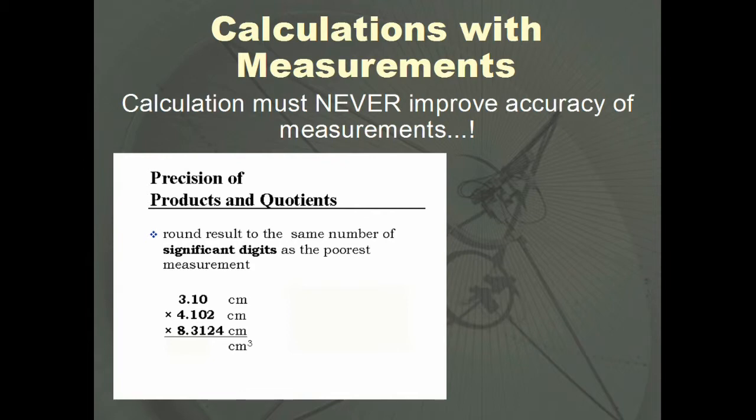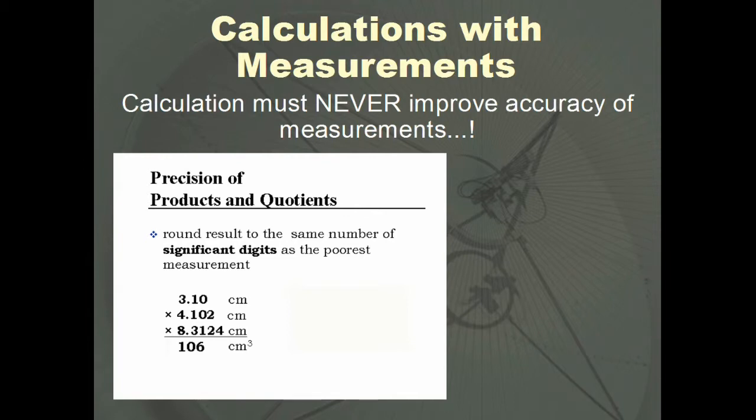As you can see from the numbers, it looks to me like I have used 3 different rulers, with the first measurement being the poorest, and the last one with 5 significant digits being the best. Now I need to multiply them together. But what would I record? Well, I would actually write down 106 cubic centimeters. Why is that?